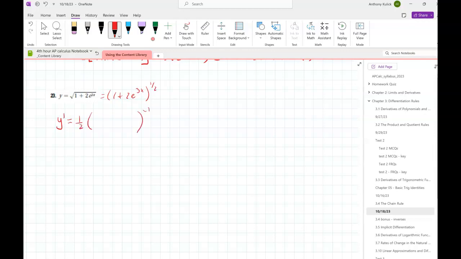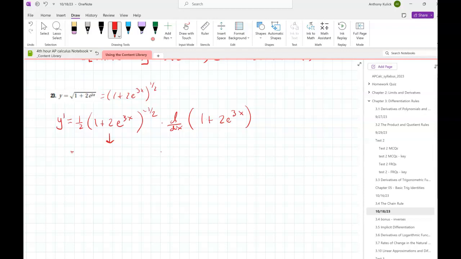So when I do the derivative of the outside, that's just a power rule. And then the inner stays the same, and I have times the derivative of the inner. So that part will stay the same.